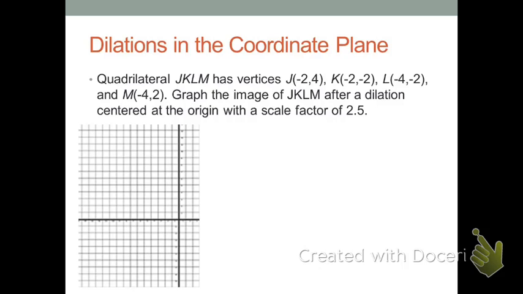So we have -2, 4. So that's our J. We have -2, -2. That's our K. -4, -2. That's our L. And then -4, 2. I know this is kind of sloppy, but on your paper, try to make it as neat as you can.